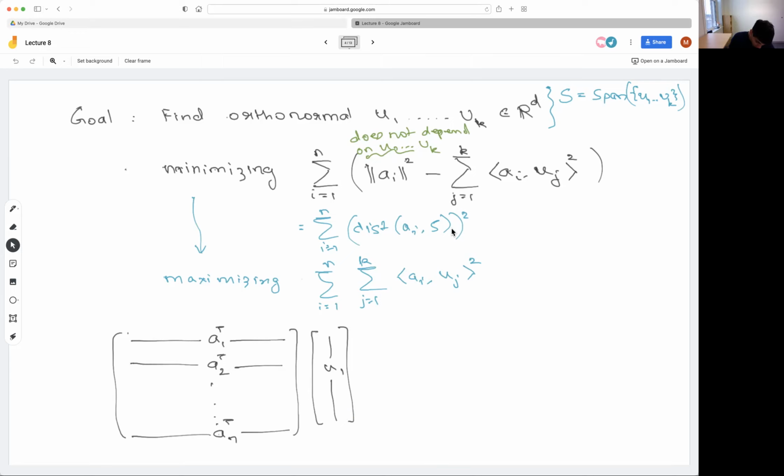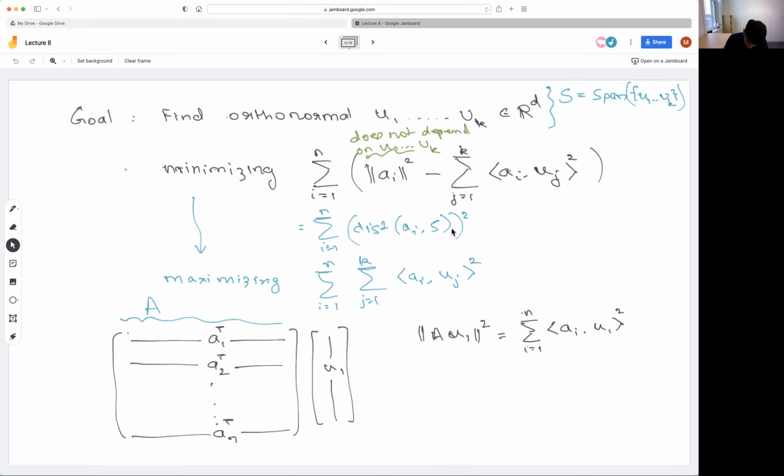And let's call this matrix A. Then the norm of A times U1 squared, under the standard inner product on R to the D, is nothing but the square of the first coordinate, which is the inner product of A1 with U1 squared. Then there's a square of the second coordinate, which is the inner product of A2 with U1 squared, etc., and so on.